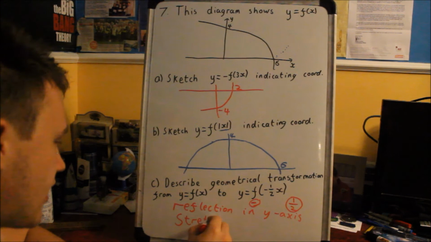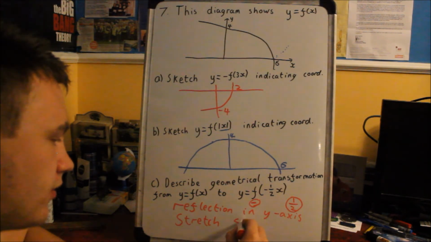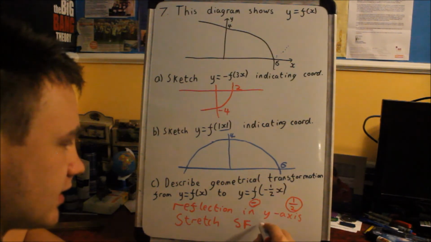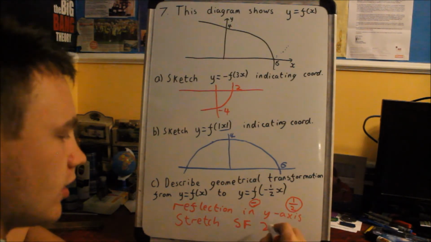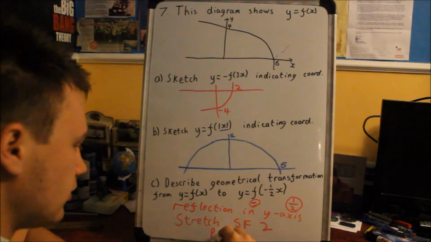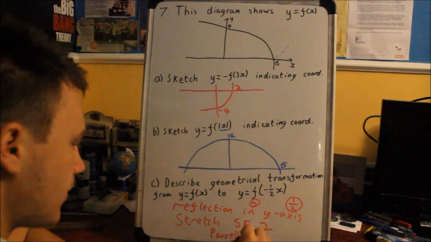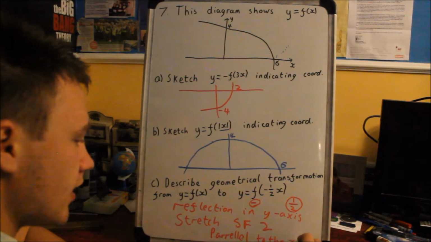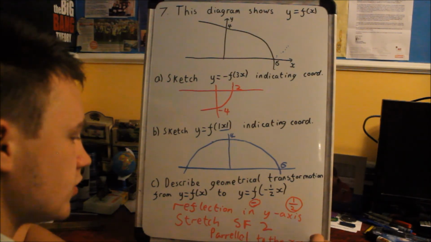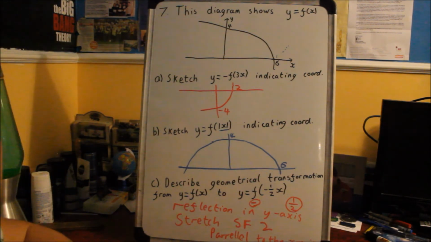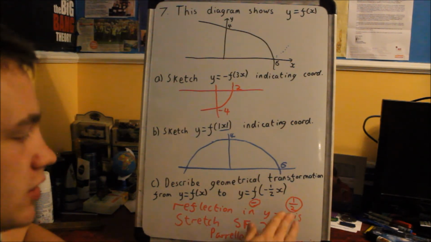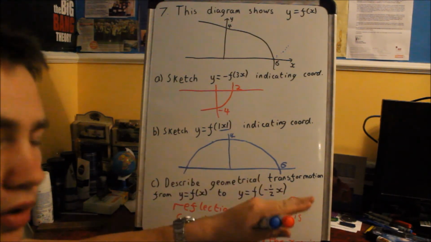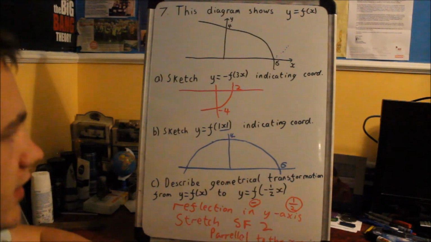The half gives the scale factor, but it's not quite scale factor a half like you would perhaps think. It's scale factor 2, and parallel to the x-axis. That's for full marks, and you should get transformations nailed into your head in terms of what they want. When there's a stretch, they want you to say it's a stretch, the scale factor, and parallel to what, and then a reflection in the y-axis.